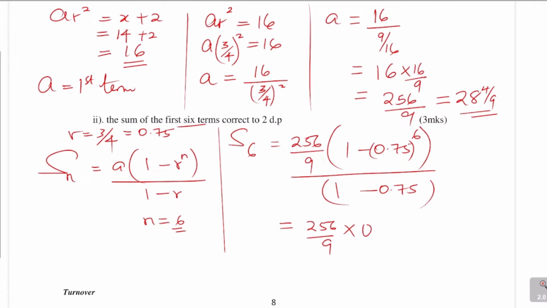So that gives 0.822. Like that. Then everything divided by 1 minus 0.75, that will give 0.25. So when you feed everything now in the calculator, the way it is, you will get 93 197 divided by 375.